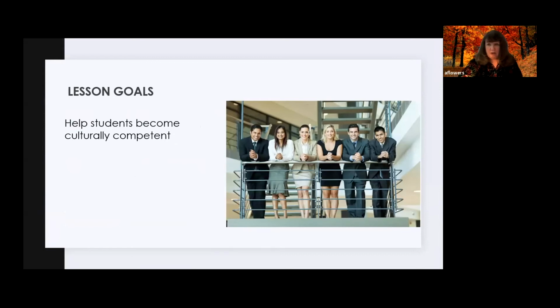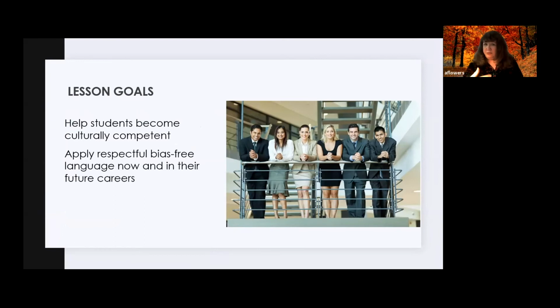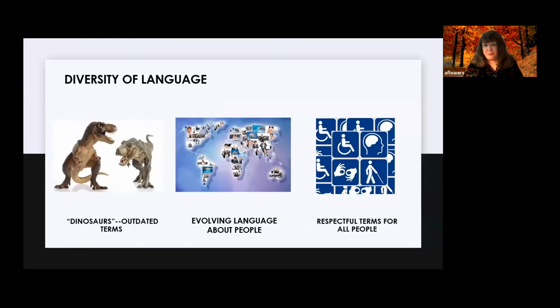They can heal, they can harm, they can divide people or put them together. And this really has a few key goals. One is to help students become more culturally competent, as well as to help them apply respectful and bias-free language now and in their future careers, to make them more confident communicators in society.